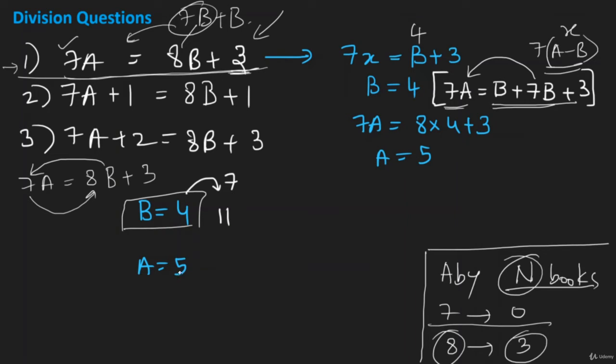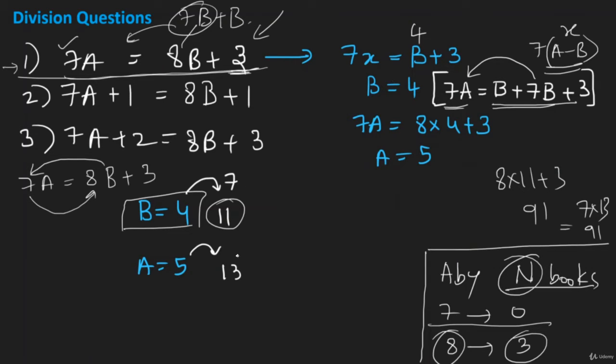The next solution for a will be 5 plus 8, which is 13. Let's check whether that works. 11 into 8 plus 3 is 88 plus 3, which is 91. And 7 into 13 is also 91, and you can see that they are equal.